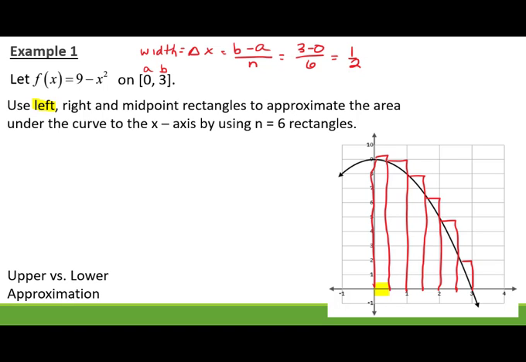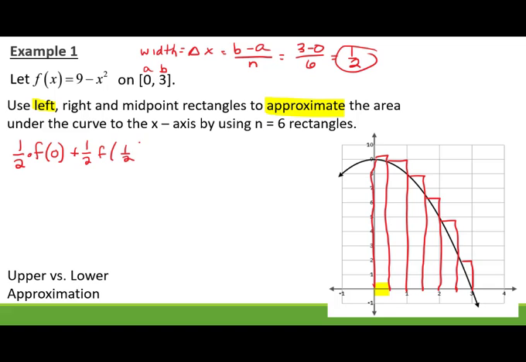My width, we found right here. That was 1/2. The height, my first height here, is my function value evaluated at 0. Next, I have my next width, 1/2, and I have my function evaluated at 1/2.